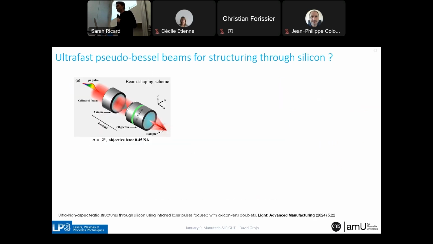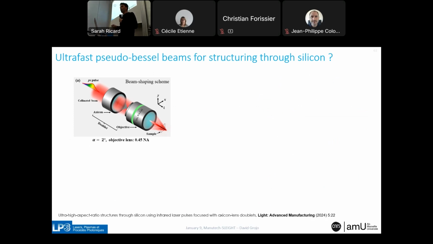But still capitalizing on the knowledge that we need high angular component and relatively long pulses to modify, we start to revisit experiments that people were doing in dielectrics so far.